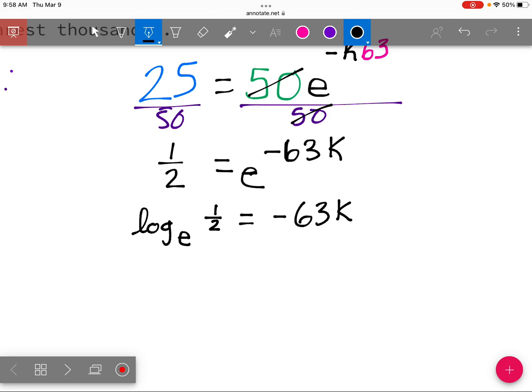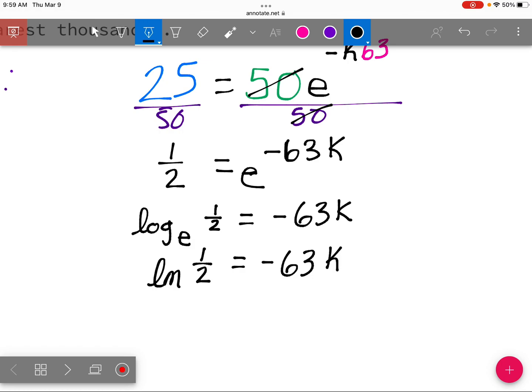Yeah, let's do this. I'm walking through a problem that's almost identical to one on the review. What else might that be really close to? Log base e is also called our natural log, ln, of 1/2 equals negative 63k.